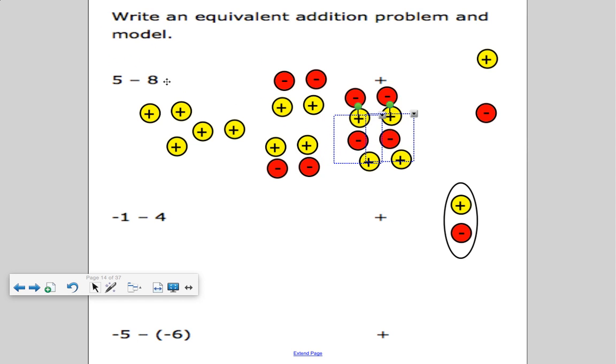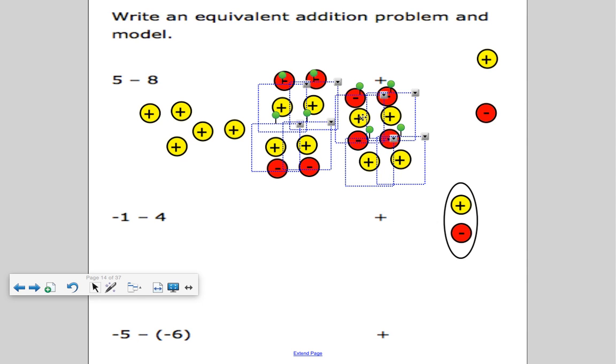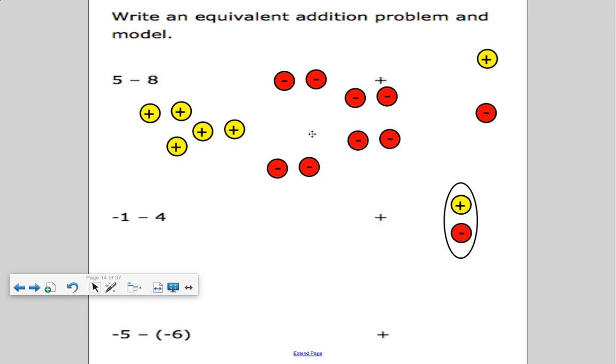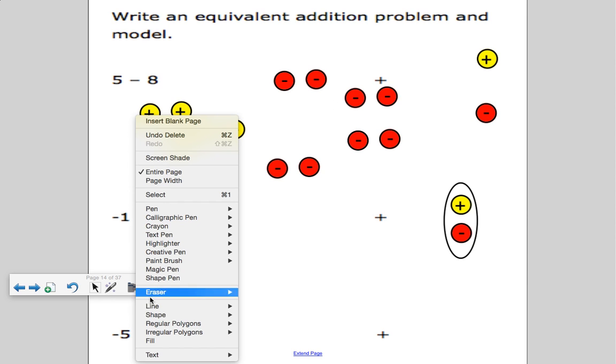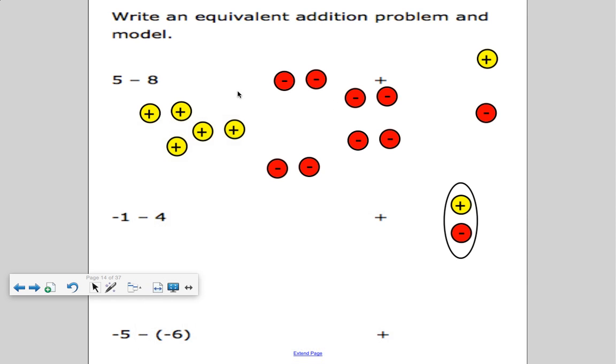Now, can I take away 8 positives from this? I could take this one, this one, this one, this one, this one, this one, this one, this one. So I added 8 negatives. What I just did, I started with 5 positives. I added 0 pairs, so I added 8 negatives.